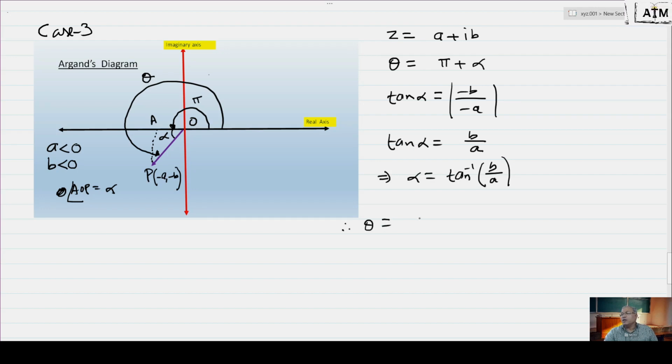Therefore, theta equals pi plus tan inverse of b upon a. By using this formula, we can find the argument of any complex number in the third quadrant.